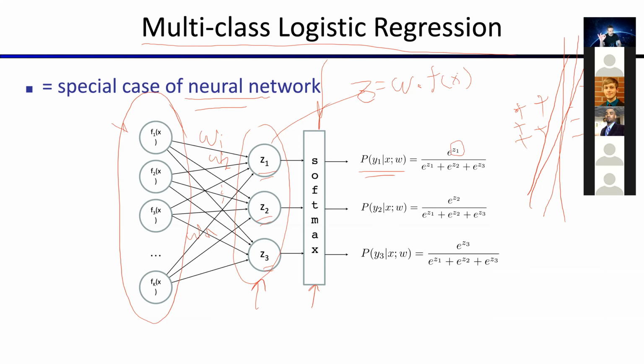The important thing that you need to know in this logistic regression that we discussed is that these feature vectors are given to you, right? You started by assuming that we know what these feature vectors are. And the learning part here was to learn these weights, right?